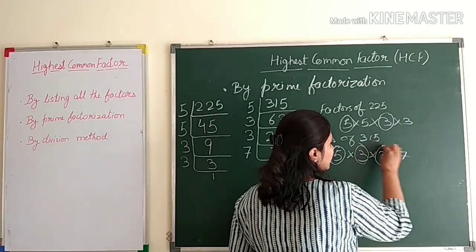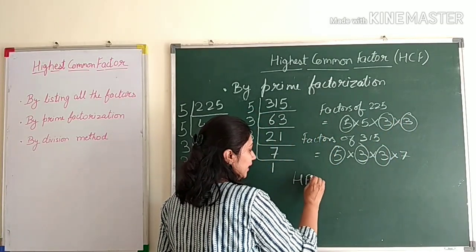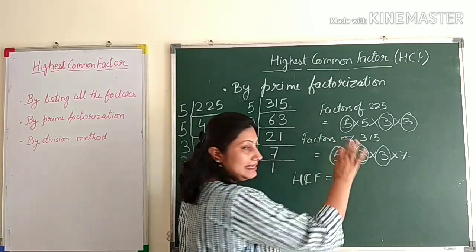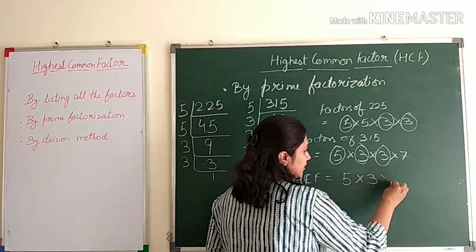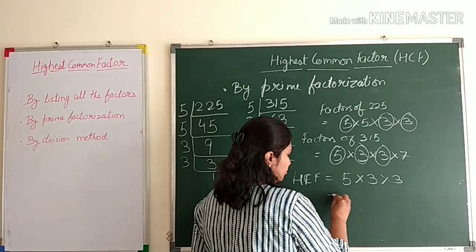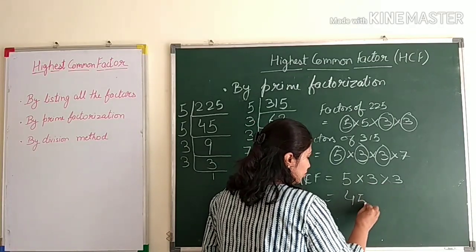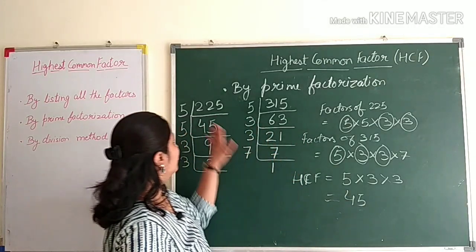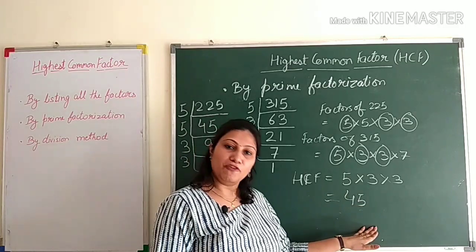Again one more 3 is also common. So for HCF you have to write down these common numbers. 5 into 3 into 3. So 5 3s are 15, 15 3s are 45. So the highest common factor of 225 and 315 will be 45.